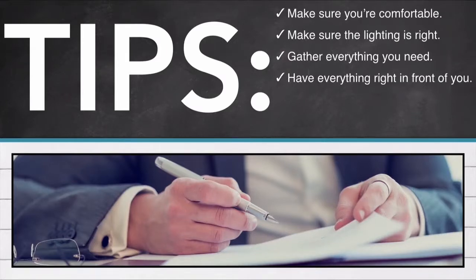Because once you stop and start, it gets you out of that rhythm of proofreading. And then you're more prone to make mistakes when you're trying to go through the document. So just make sure that you have everything you need assembled before you start to proofread.